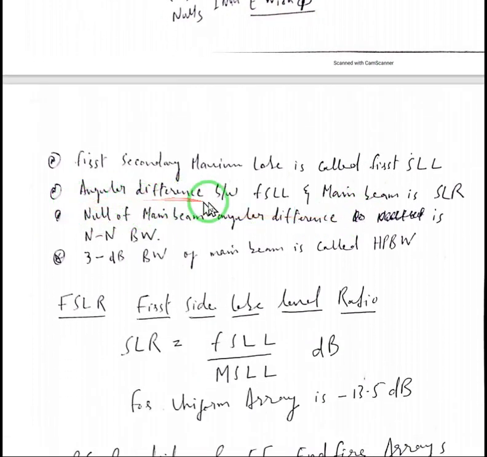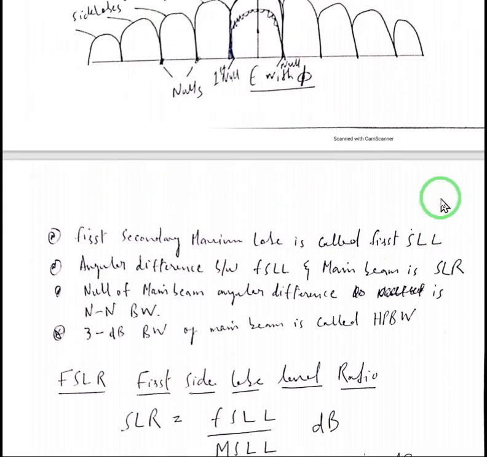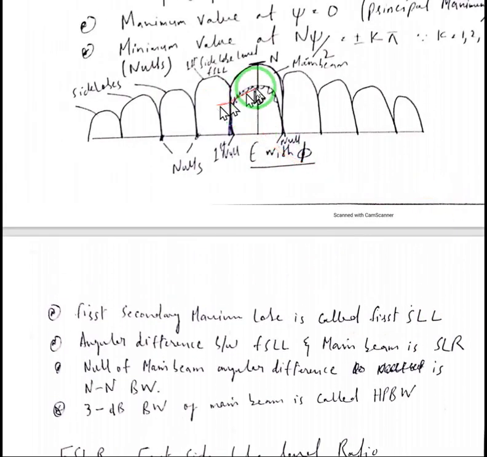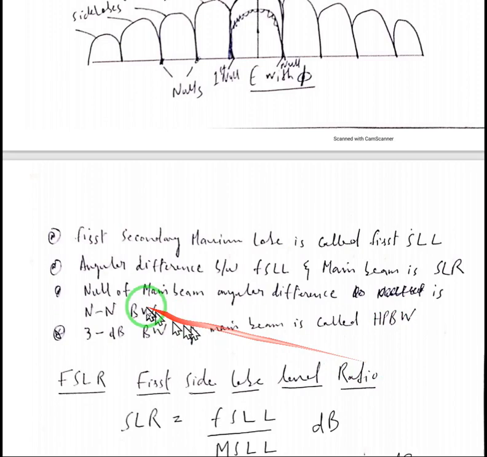The amplitude difference between the FSLL and the main beam is the SLR, that is side lobe ratio. The difference between the main beam and the first side lobe is called the side lobe ratio. The angular difference between the nulls of the main beam is the null to null beam width.